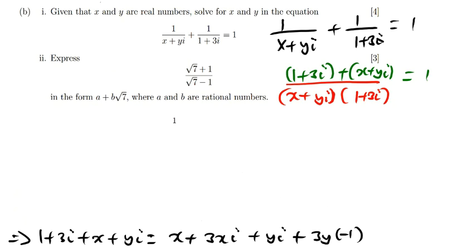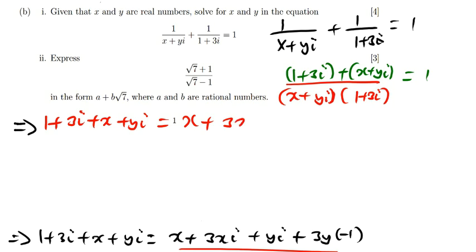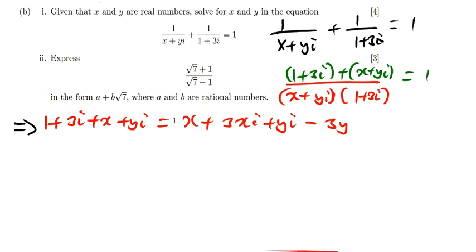I'm just going to copy the way it is: 1 plus 3i plus x plus yi to be equal to x plus 3xi plus yi. Now because of this negative, this one now is going to be minus 3y.